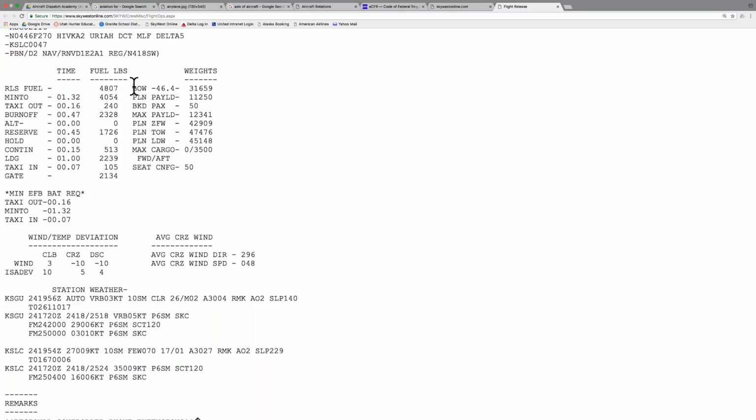So maintenance every couple of months has to take the aircraft into the hangar. They take off all the fuel. They keep the necessary oil on board. They put a crew on board, and then they weigh the aircraft.